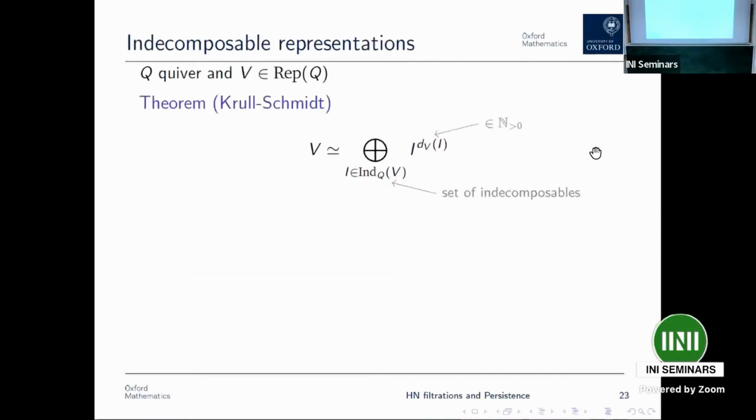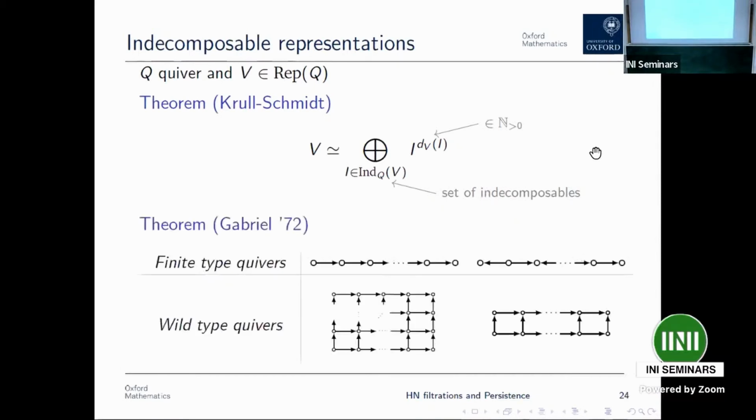Okay, and once we've done that, we can first use standard quiver representation theory, in particular Gabriel's classification of quivers into finite, tame, and wild. And it says that the first two are of finite type, and that their indecomposables are nice.